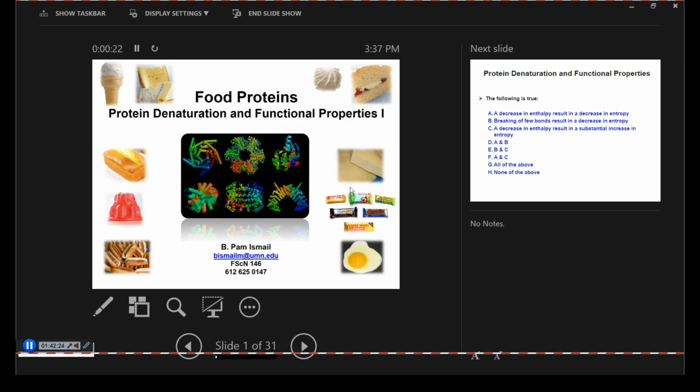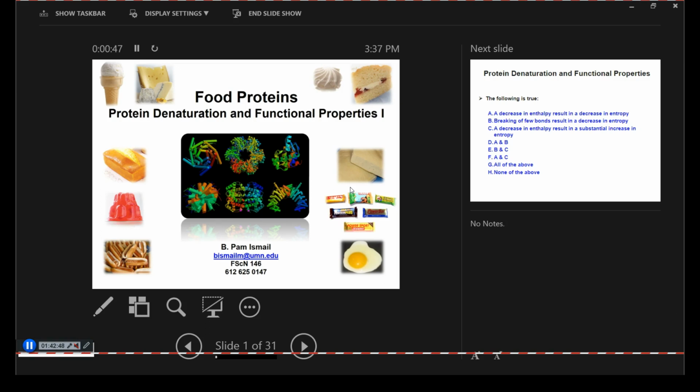So now that we have talked about the structure of the protein, and also ways to characterize the structure of the protein, now we're going to talk about how the structure of protein changes upon processing, focusing a little bit on denaturation, because that's the first change that may occur upon processing.